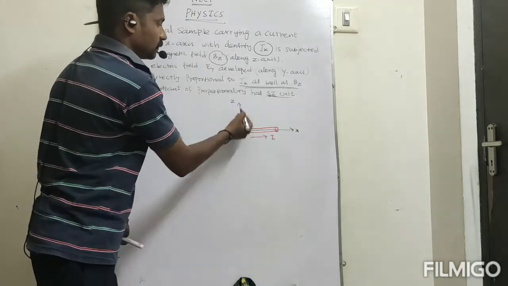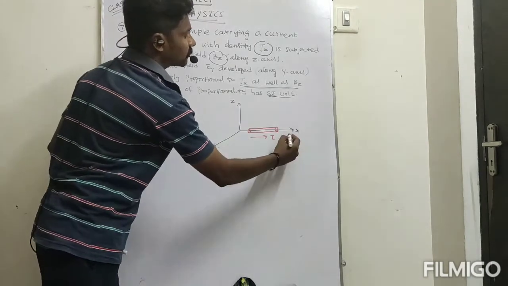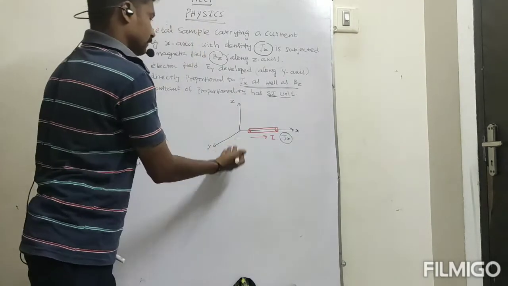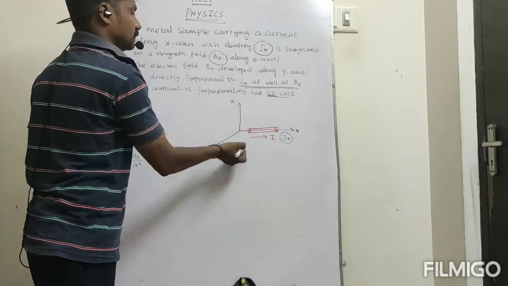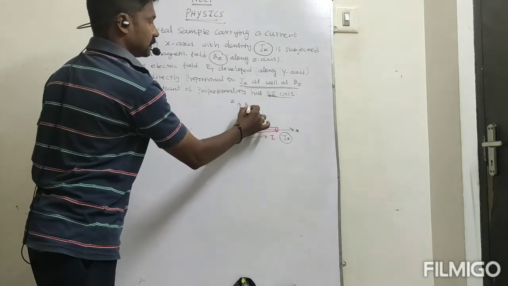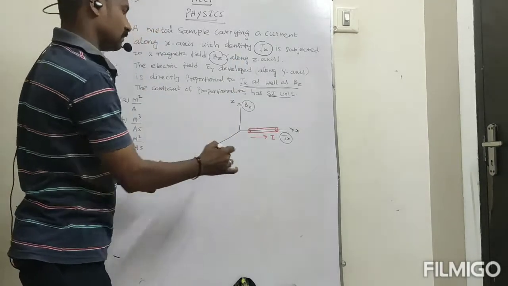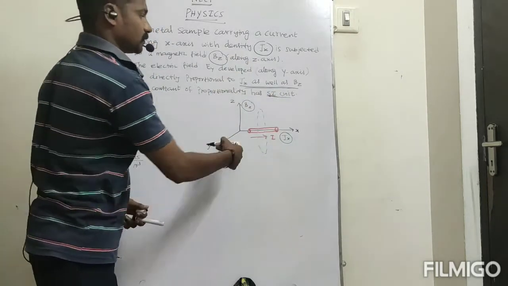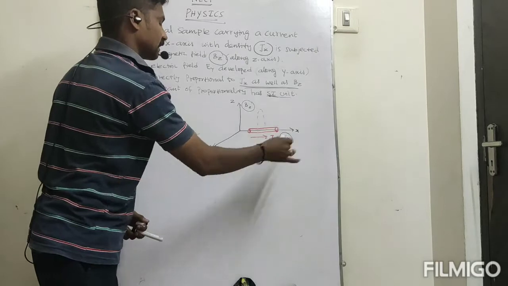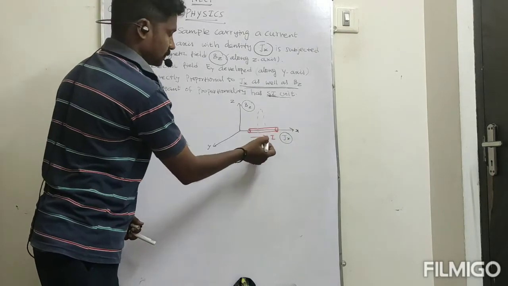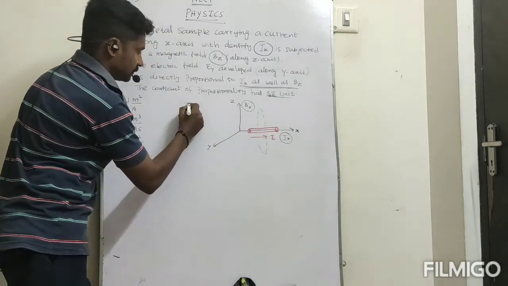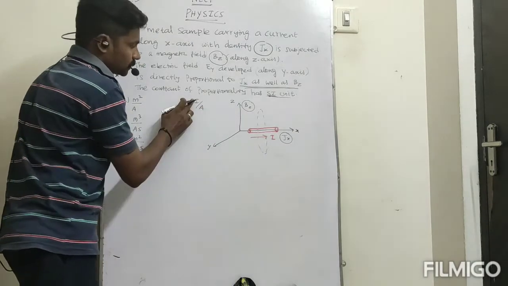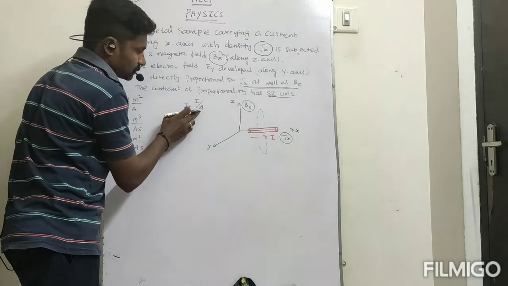Here the current density along the x-axis we can write as Jx. Then the magnetic field along the z-axis we can say is Bz, because the magnetic field will form like this. The current density is J equal to I by A, the current in amperes passing through unit area.